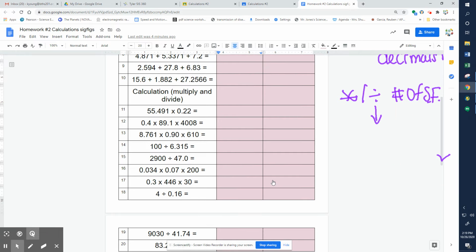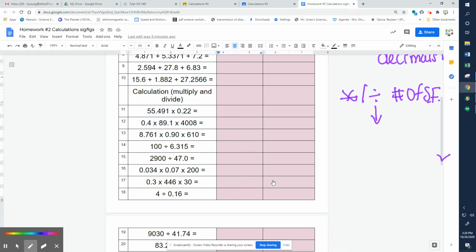Next, we're going to do multiplication and division. So remember, our rule for multiplication and division is we're going to look at the number of significant figures in each of the given numbers, and our answer is going to be rounded to the lowest number of significant figures. We're going to go ahead and do number 12.